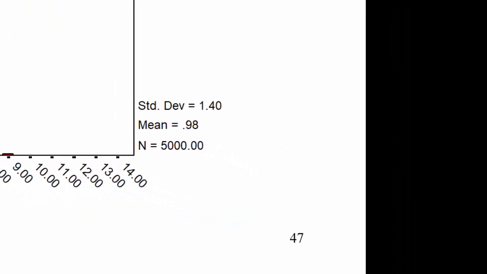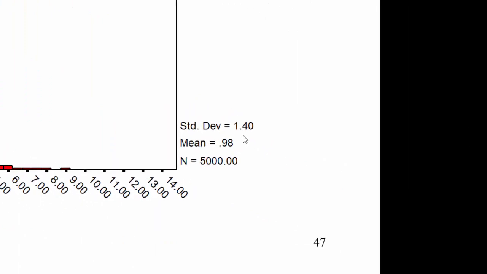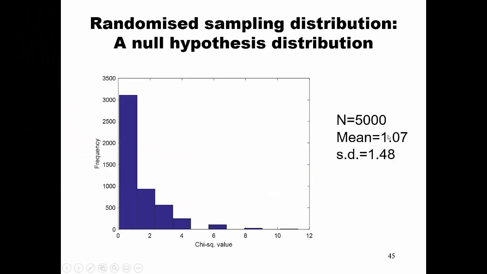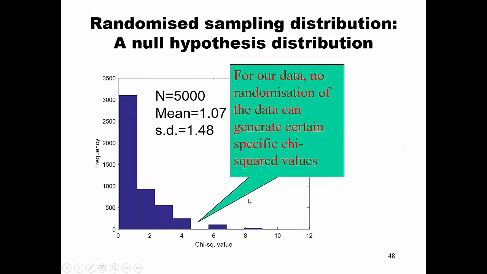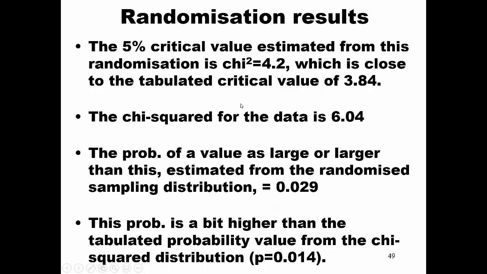Note the mean of close to 1 and the standard deviation of 1.4. And again, mean close to 1 and standard deviation of here 1. Remember I said it was not continuous. For our data, there's no randomization for such a small set of data that can generate certain specific chi-squared values. It just turns out that's the way the numbers fall out here, and there are no possible values of chi-squared here or here, etc.